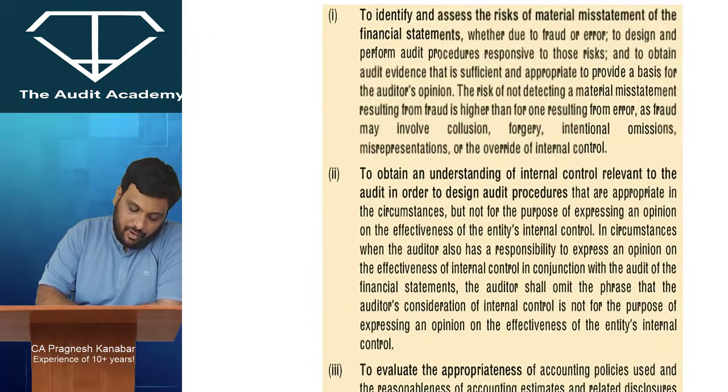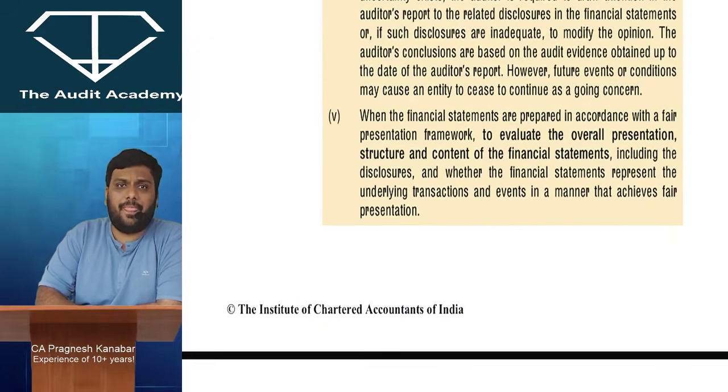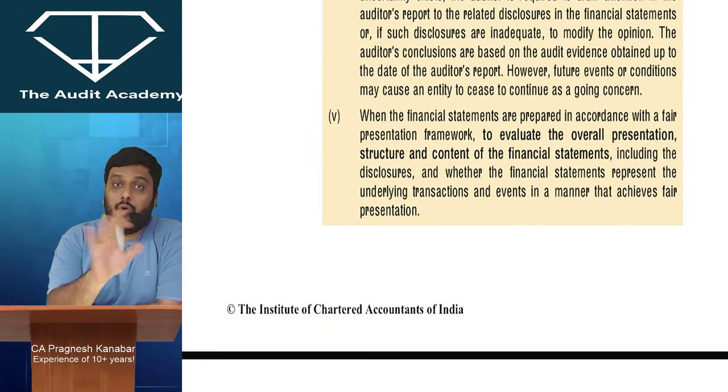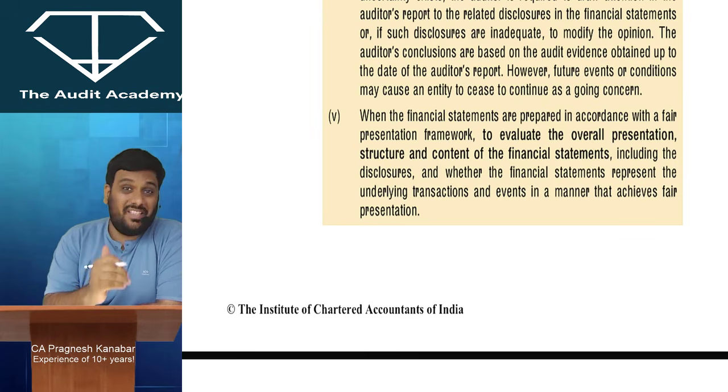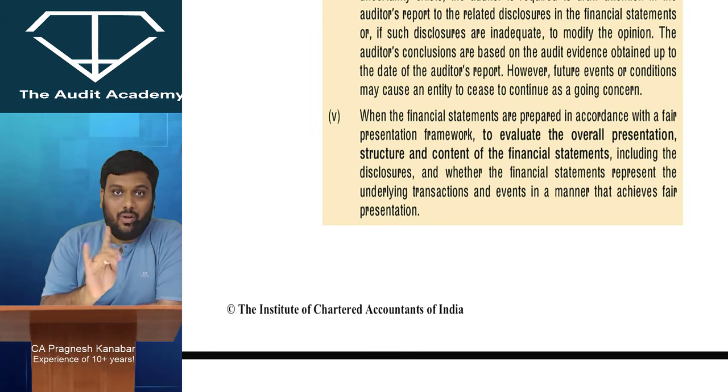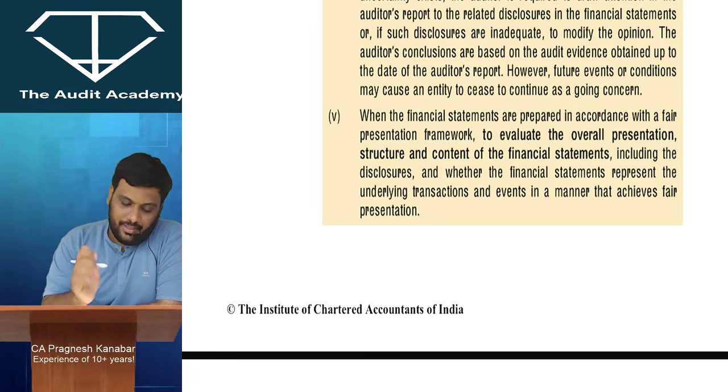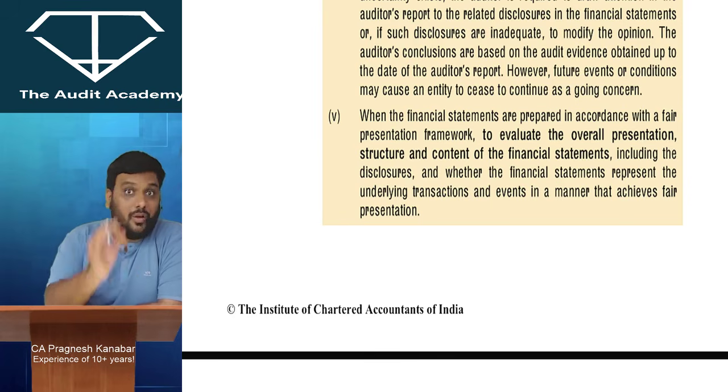Just read them once, don't learn them by heart, but at least you should know what goes. You know what is the best time of reading these points? After all SAs are over, because it is a summary of different SAs only. Okay. So these 9 points, now listen to me very carefully.